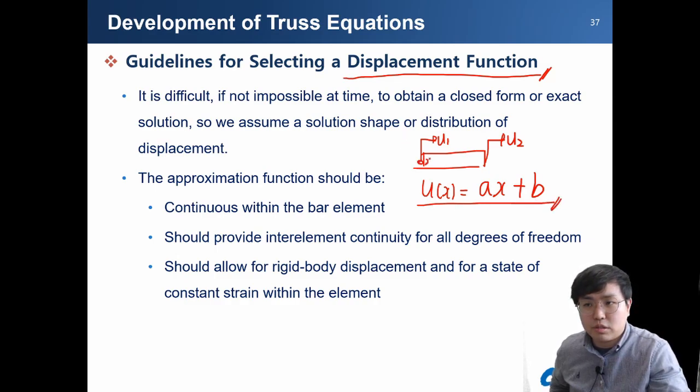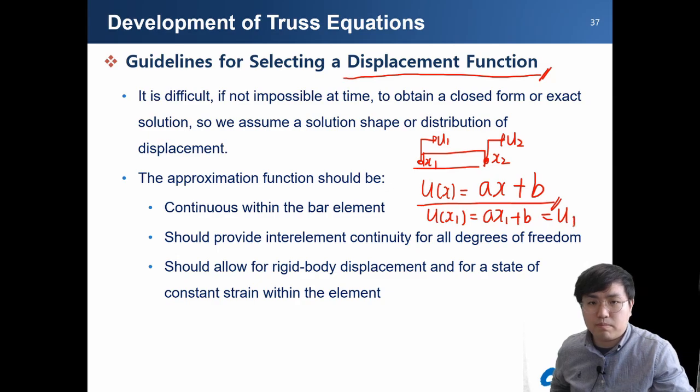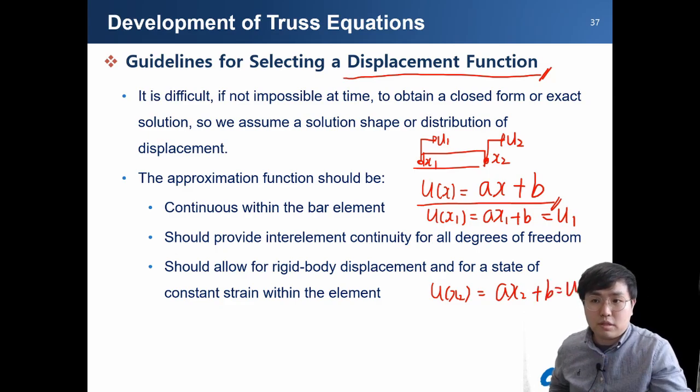This coordinate is x1, this coordinate is x2. Depending on the coordinate, u equals a x1 plus b, and that must become u1. Similarly at coordinate x2, it must become u2.